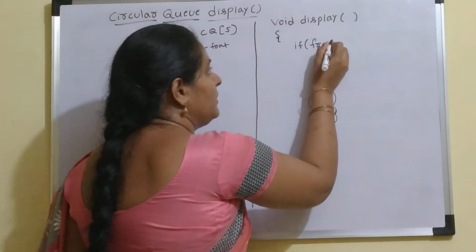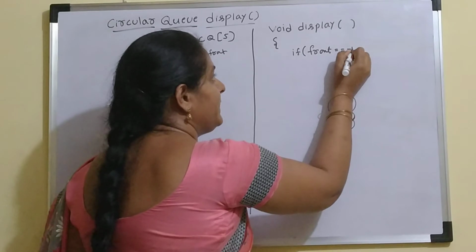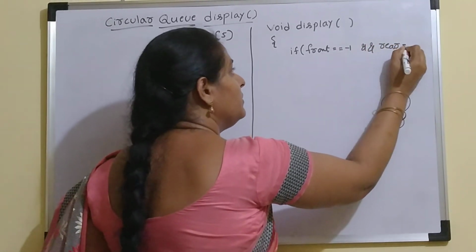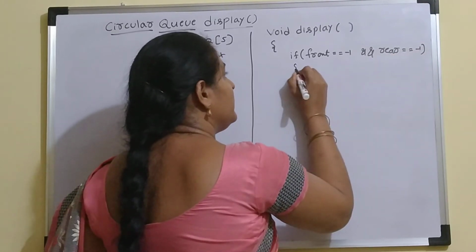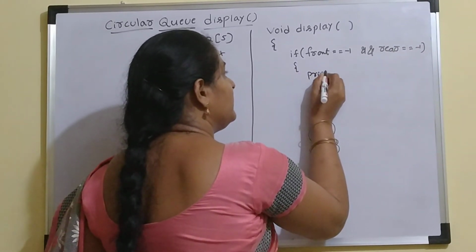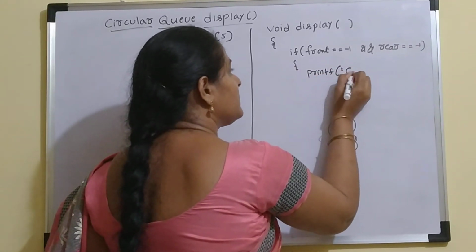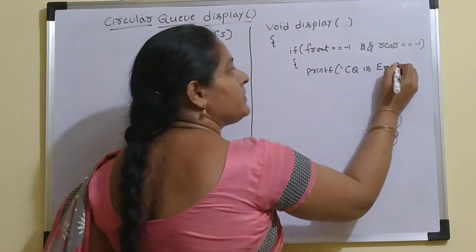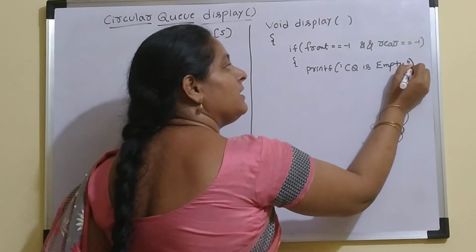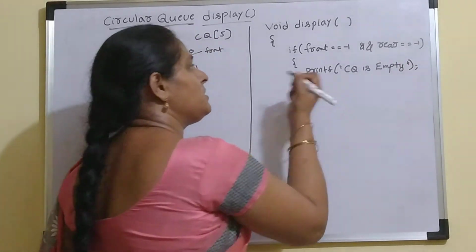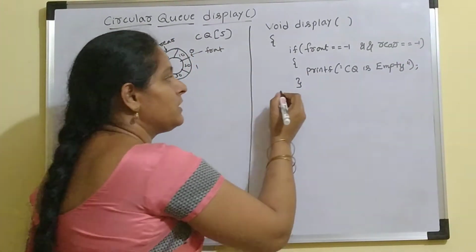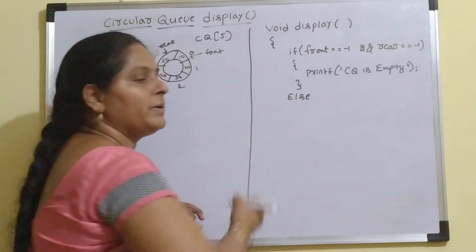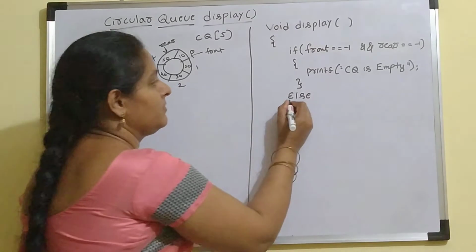If front == -1 and rear == -1, that indicates that the circular queue is empty. If it is empty, the display operation is not possible. If the circular queue contains some elements, then only we can print the elements.